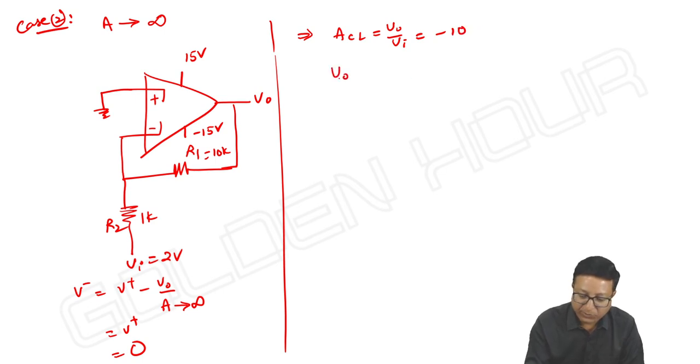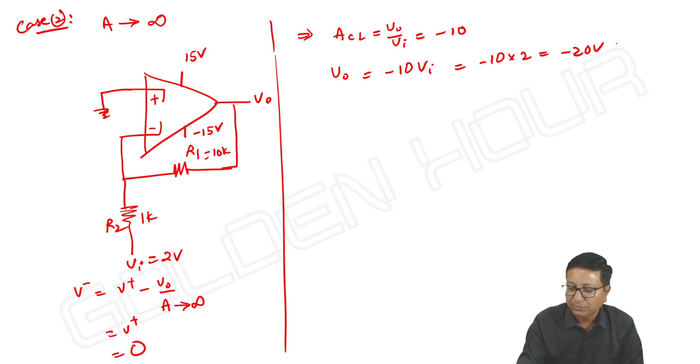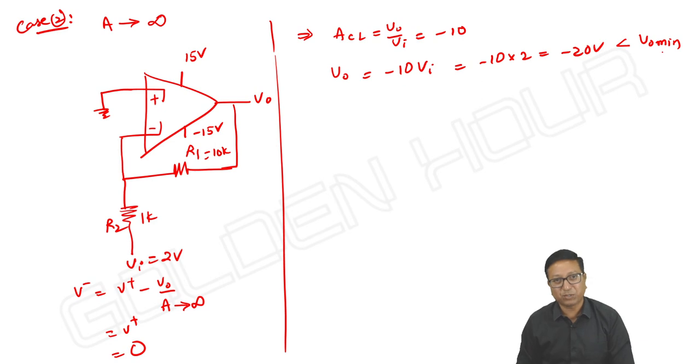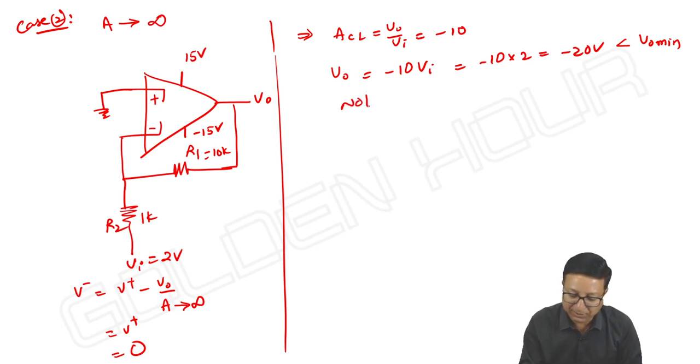And V output is equal to minus 10 into Vi, minus 10 into 2, minus 20 volts, which is less than V output minimum. Is it possible? What is V output minimum? Minus 15 volts. It is not possible. So what is possible then? V output is equal to minus 15 volts.